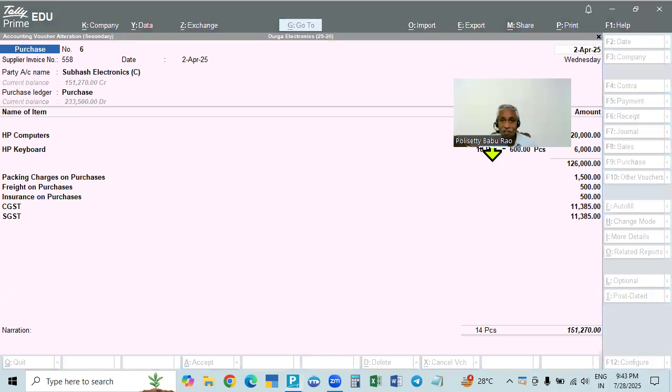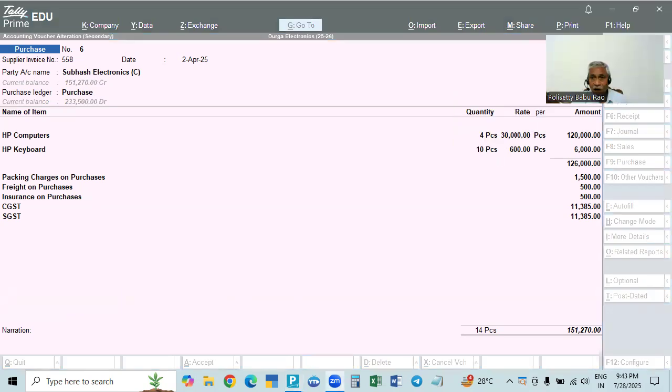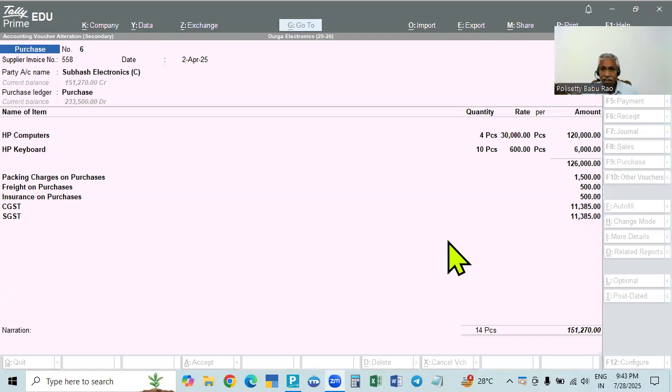The first method is that the additional expenses will be apportioned or divided among the stock items as per their value. If different stock items have different rates of GST, in such a case we will divide the total expenses among the stock items according to their value.